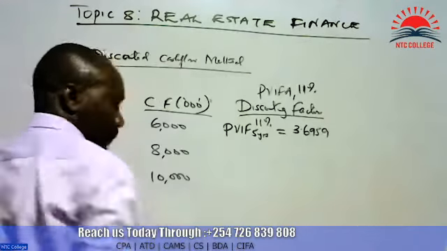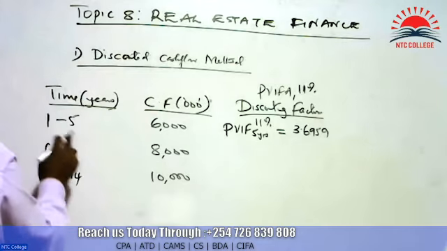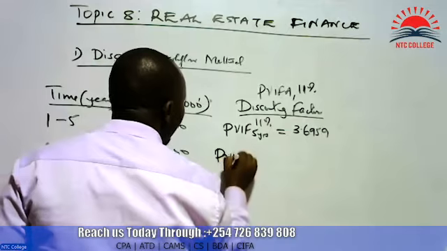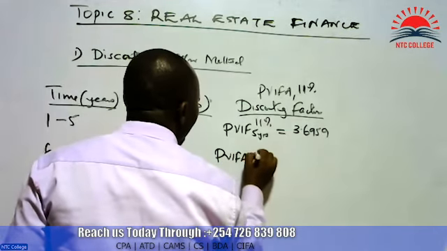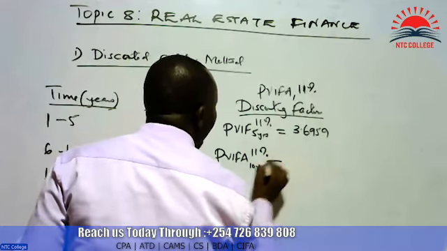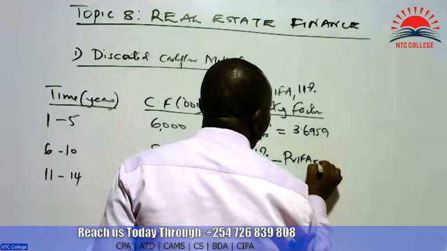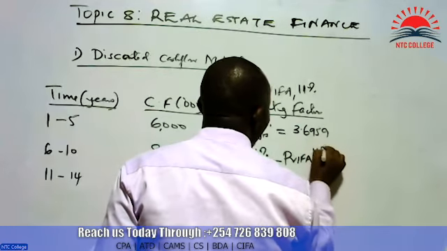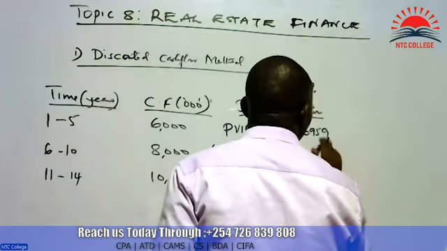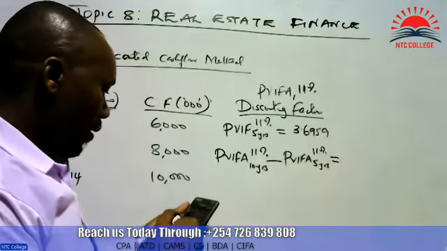Now, the second one, you get for the whole period up to 10 years. So it will give you from 1 year up to 10 years, then you minus what you already have. So you're going to have PVIFA for 10 years, 11%, minus PVIFA for 5 years, 11%. So that is what you're going to calculate. How will that appear? Do it for 10 years now.